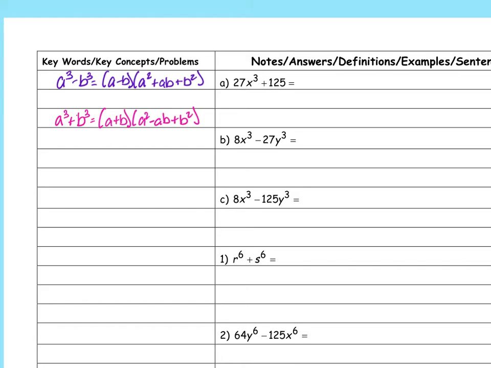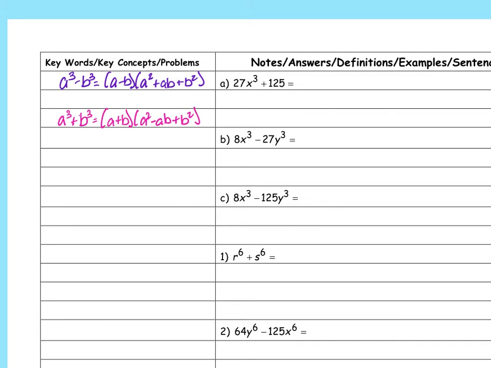So I'm going to rewrite it as a cube. So this would be 3x cubed plus 5 cubed. And so that means that a equals 3x and b equals 5.